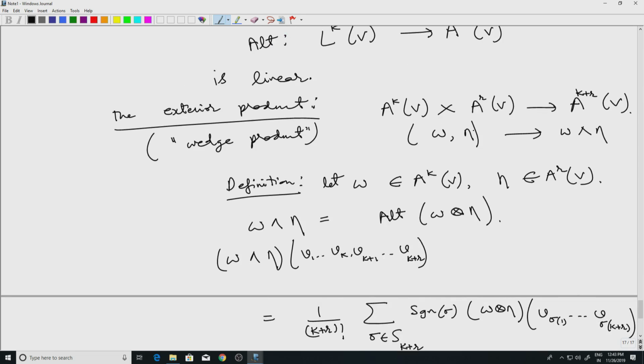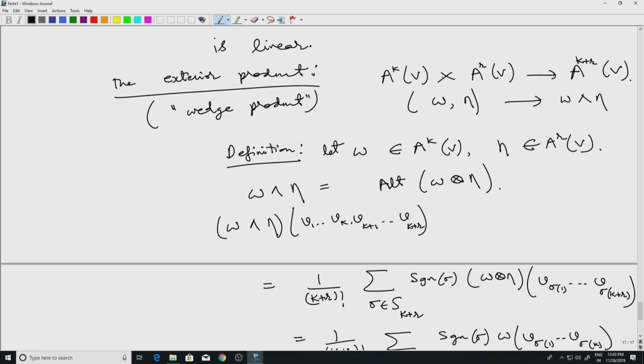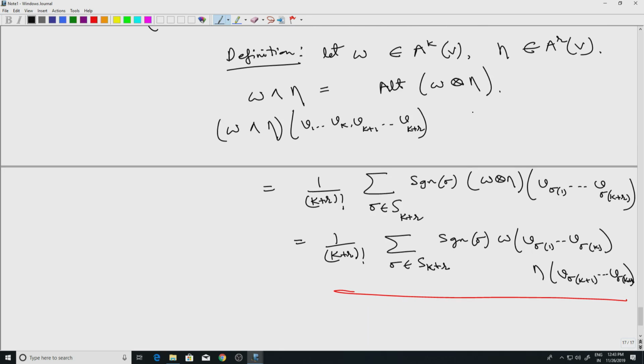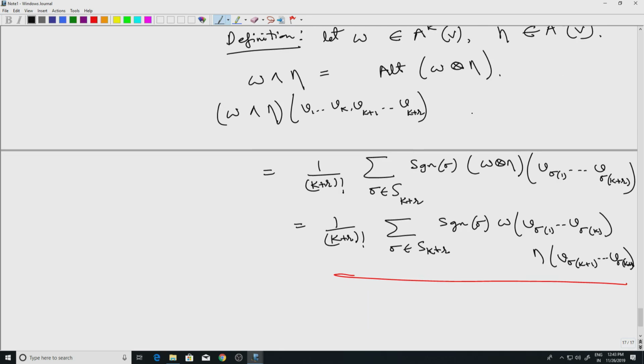One starts with two alternating forms, and by taking the product, one gets an alternating form whose degree, by degree I mean the number of input variables, is k plus r if they happen to be k and r to begin with. And we essentially use two things to define this: the tensor product and the anti-symmetrization map alt.